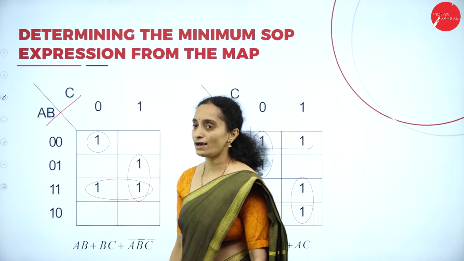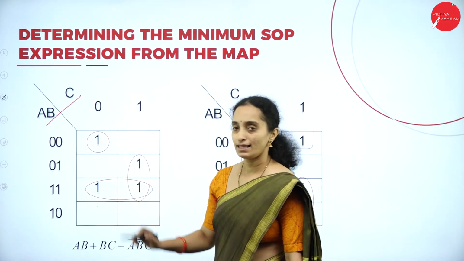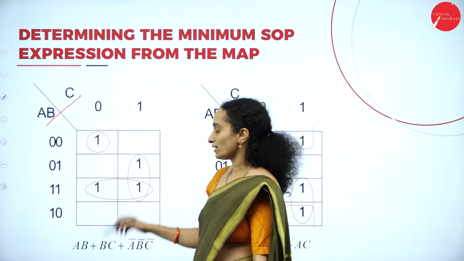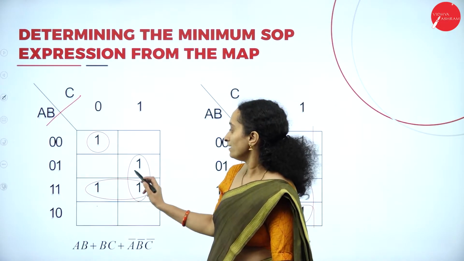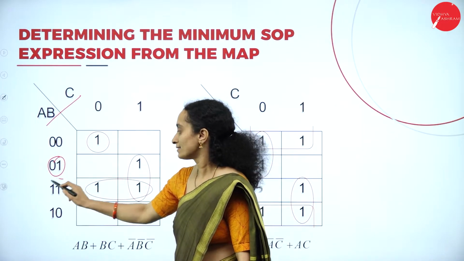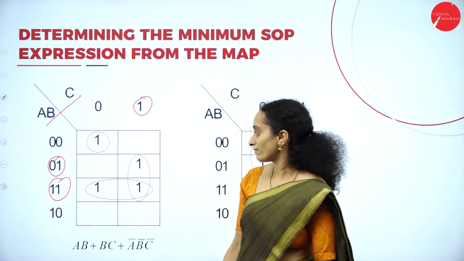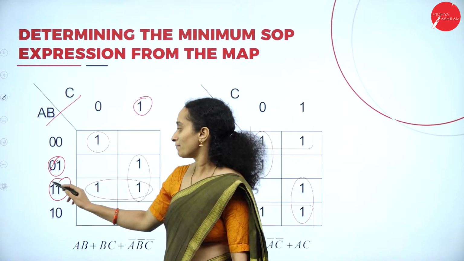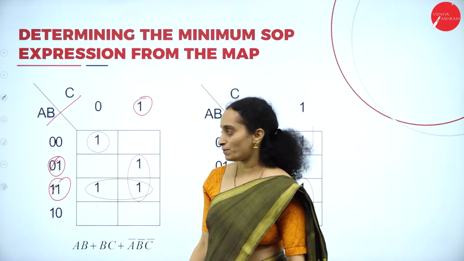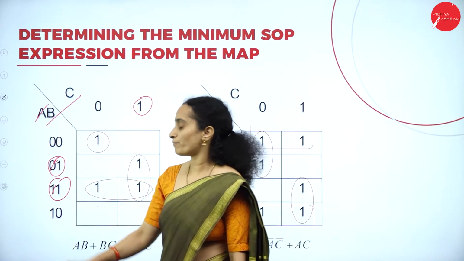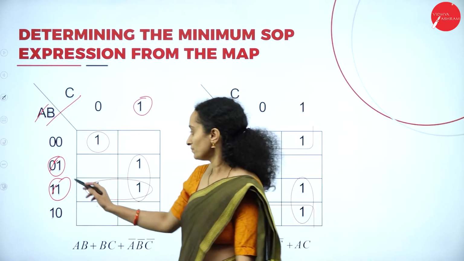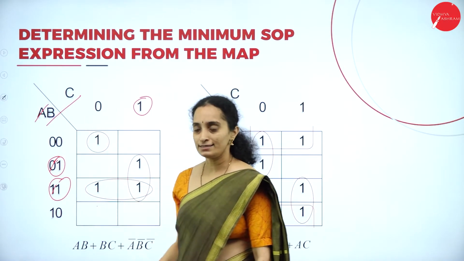Alright. Now we have this one and this one. When you check for this example, this combination and this one, the variable A has complement and non-complement form. So it will be cancelled.